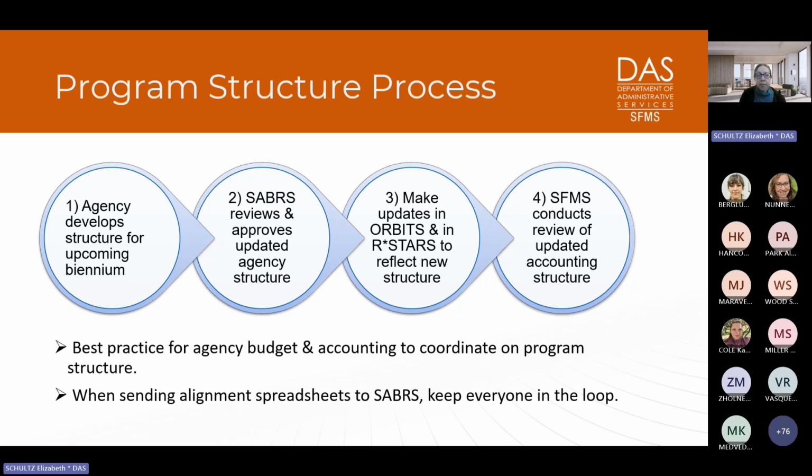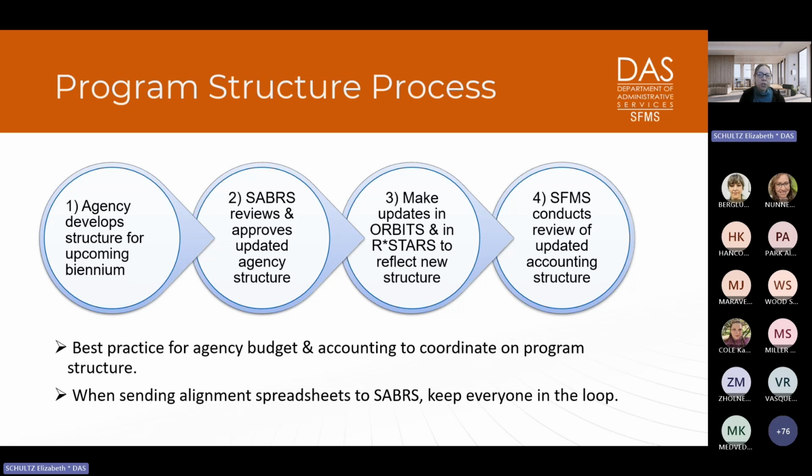Now, the agency, SABRS, which is the Statewide Audit and Budget Reporting Section, and SFMS all have a role in this process. So this slide gives you the major steps of what the program structure process involves, and we'll go into some more detail on that in the next slide. One thing to keep in mind, if your agency is planning to make some changes for AY 27 to your program structure, it's best practice for agency budget and accounting staff to coordinate on that.